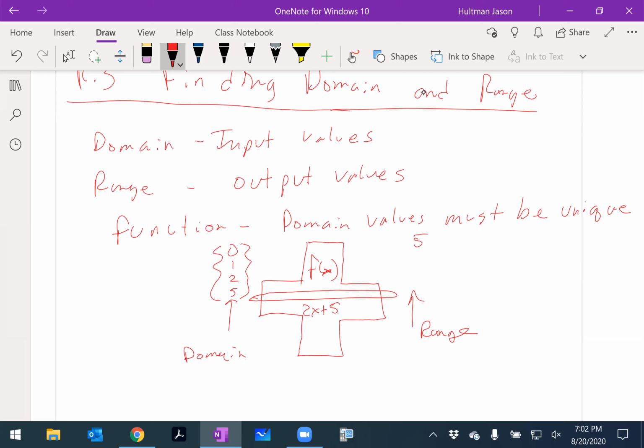If I plug a 1 in, what comes out? A 7. 9. And then a 15. So that's my domain, and that's my range. Make sense? Good stuff. It's all good.